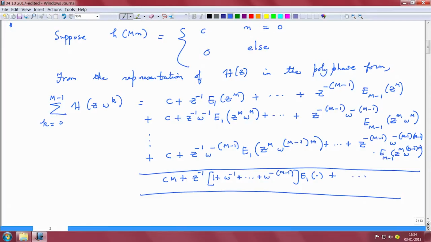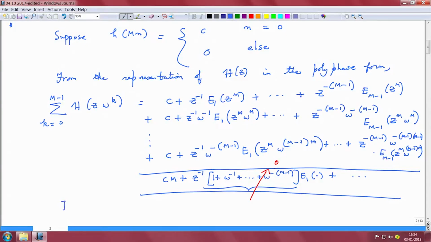If you just notice that these are basically the inverses of the roots of unity, and since they form a group, you will circulate back the same elements again. So, this vanishes. So, this is going to be 0, and you can conclude with similar argument that the rest of the terms also vanish. So, all you would be left with is c times m.